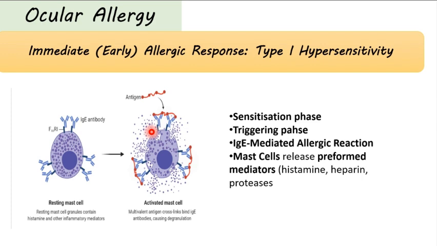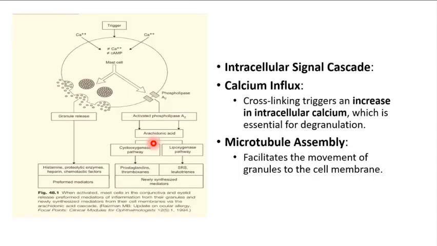Ultimately, the mast cells consist of these preformed mediators like histamine, heparin, and proteases within their cytoplasm and within certain specific vesicles. Now they are going to come out to the surface and they will be released into the circulation, leading to allergic response in the conjunctiva. So I hope that is clear.